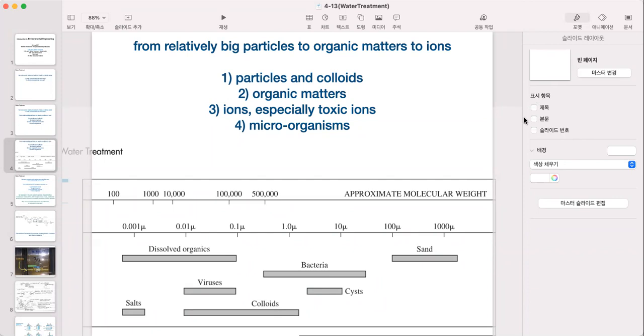So last time we discussed this table with the particle, colloid, organic matter, ions, and salt. First the particulate matter, and we discussed the colloid matter, ions, and salt.